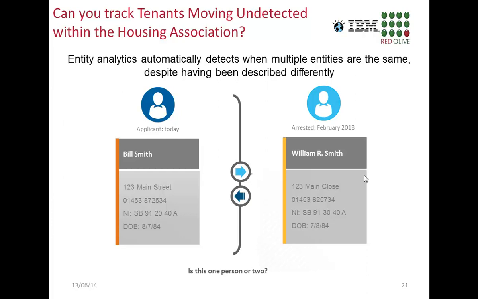The phone numbers are very similar. They both have very similar national insurance numbers as well, and they have the same date of birth, even though the numbers are slightly different. But because they're all slightly different, it's sometimes very hard to track if it's one person or two different people. So I'll take you into this in a little bit more detail now.